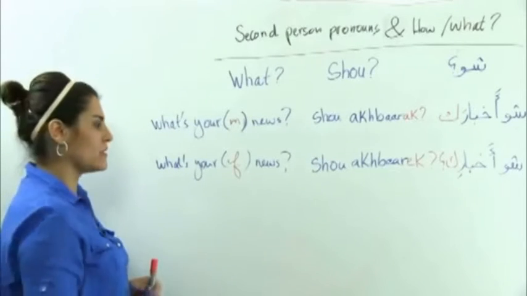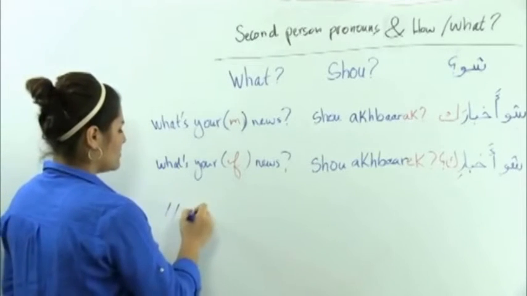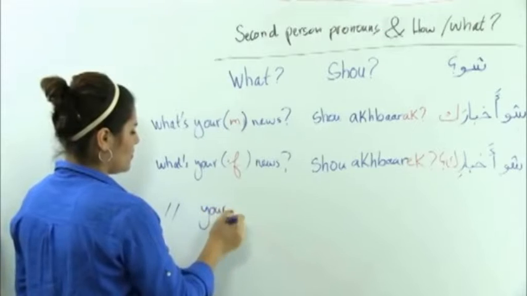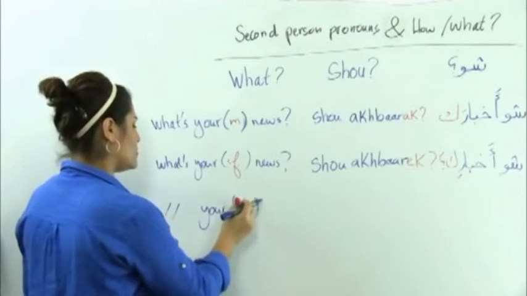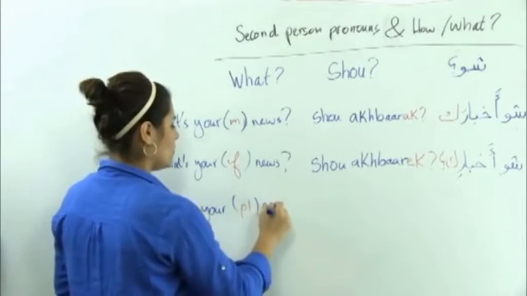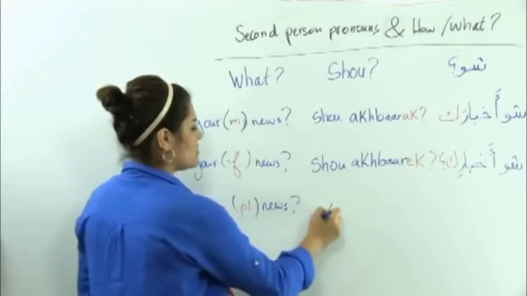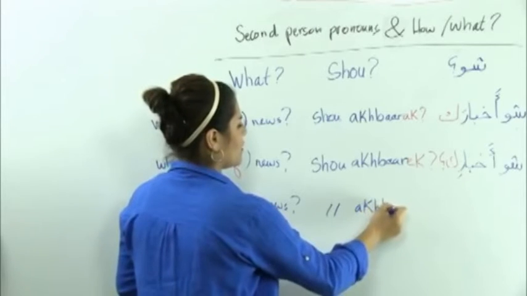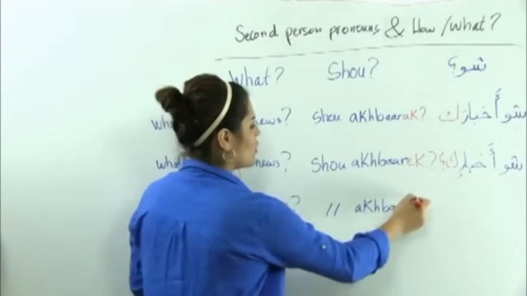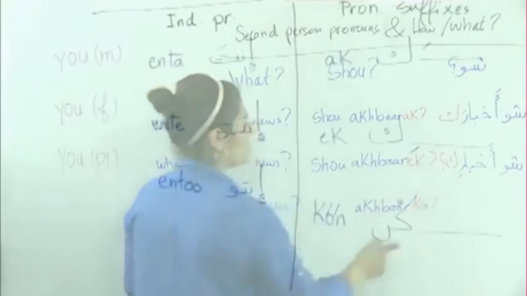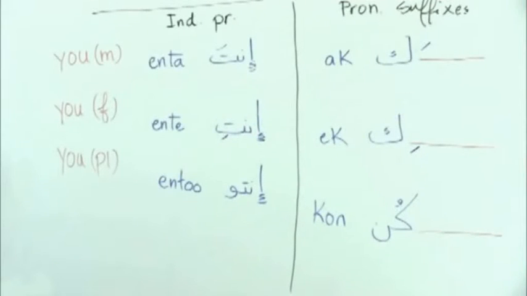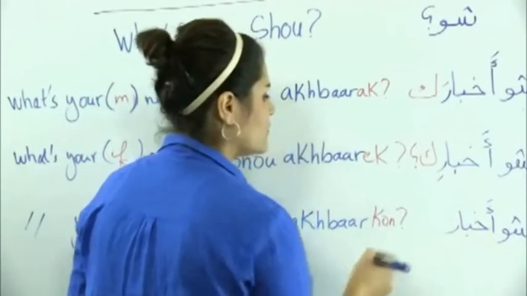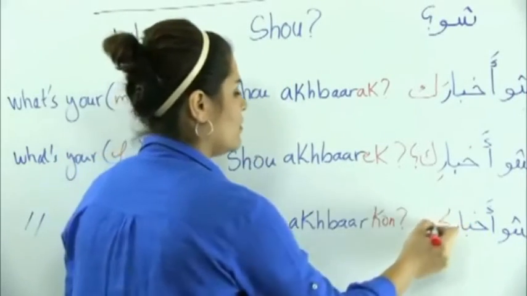Okay, شو أخبارك. The last one is I'm talking to a group of people, so I'm talking to plural. The same thing, شو, and then أخباركن. I hope you didn't forget these suffixes, as you're going to be using them a lot in the future. So شو أخباركن.